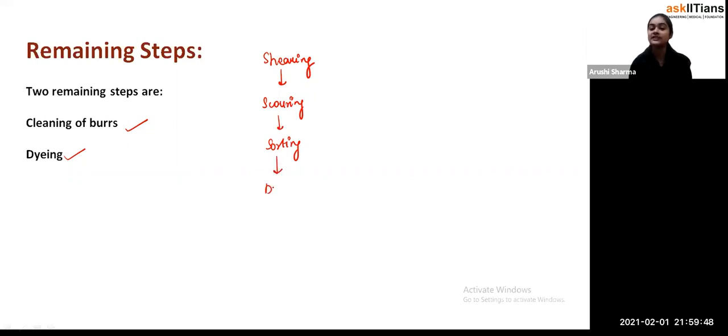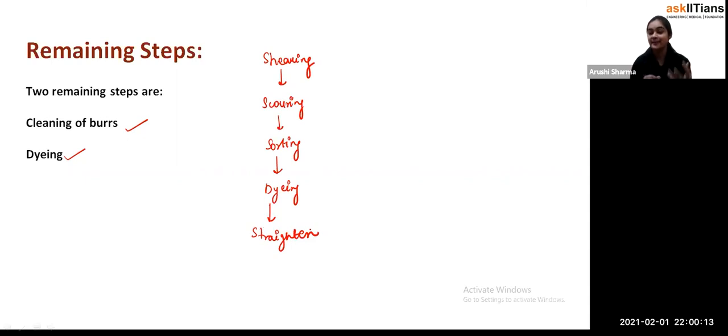After sorting, we do the dyeing process so that we get different colors of woolen clothes. After dyeing, we find that shearing, scouring, sorting and dyeing are done, and after that we straighten them. Okay.